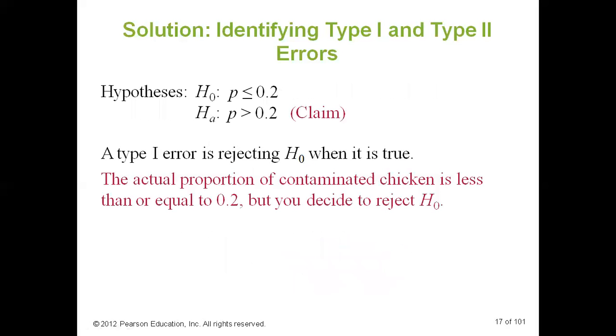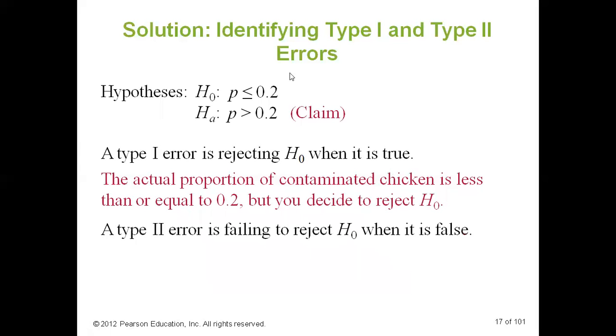So type 1 error is rejecting the null hypothesis when it is true. The actual proportion of contaminated chicken is less than or equal to 0.2, but you decide to reject H0. The null hypothesis is true, but we are rejecting it. This is a type 1 error.